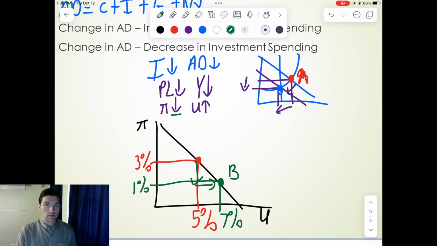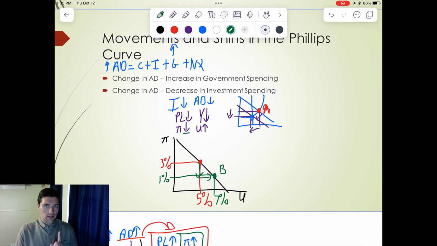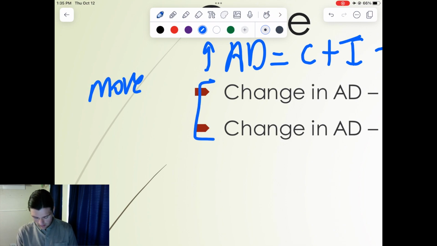Don't worry about where I'm getting 1 and 7%. Focus on the fact that inflation is going to be lower, so anything lower than 3, unemployment is going to be higher, so anything more than 5. So that's how the Phillips curve works with a change in demand. A change in demand causes a movement on the Phillips curve.